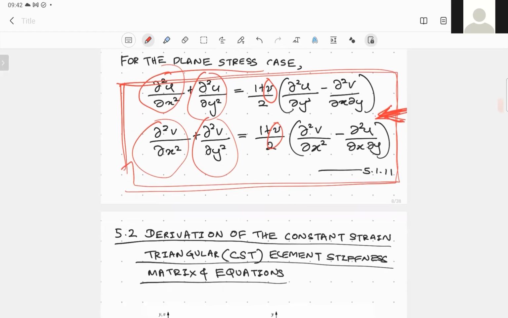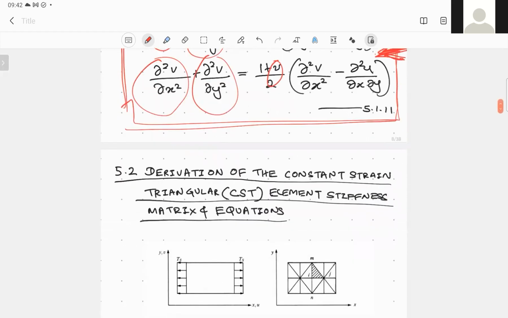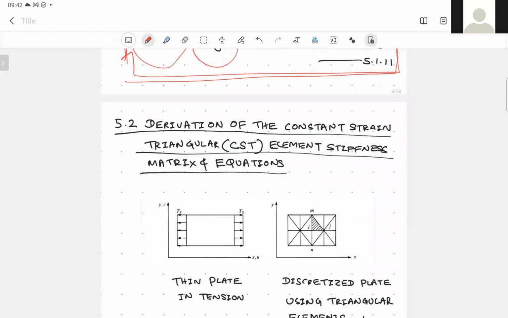Now let's come to somewhat of an interesting part. What we are interested in at this moment is to derive the stiffness matrix for a constant strain triangular element.